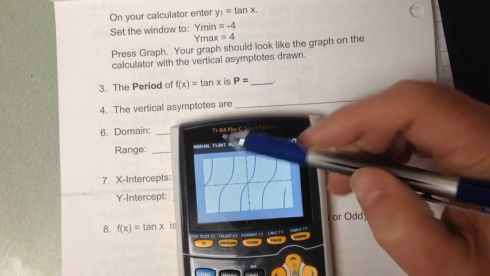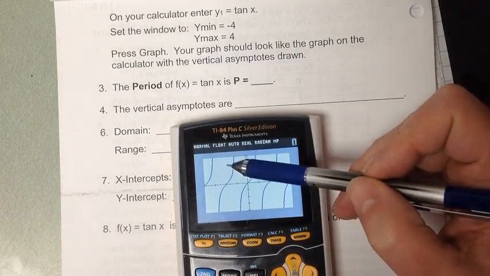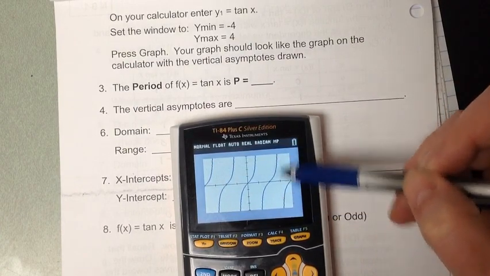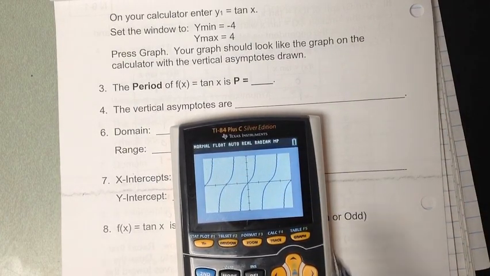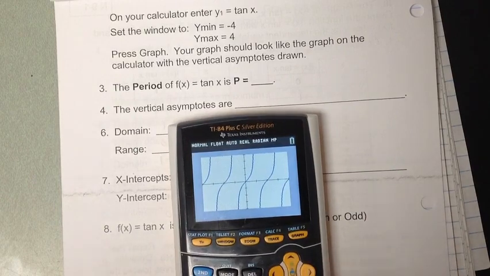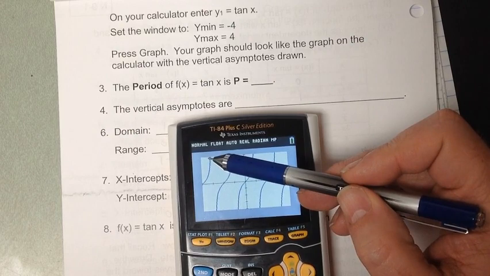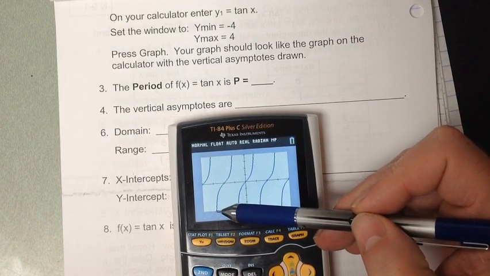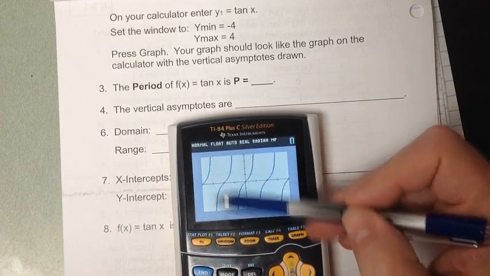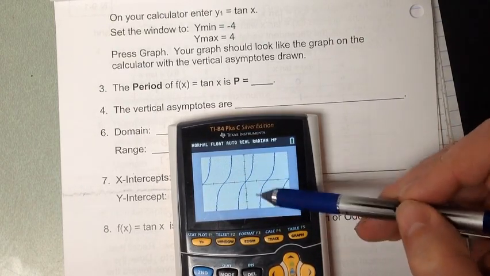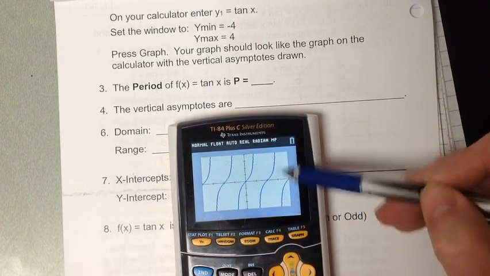On the old calculators it used to connect them and it would have these solid vertical lines in between. But on the new calculators they don't put the asymptotes in. But we have each place, between the going up on the right and then down on the left here, that would be a vertical asymptote, vertical asymptote, vertical asymptote here, vertical asymptote here.